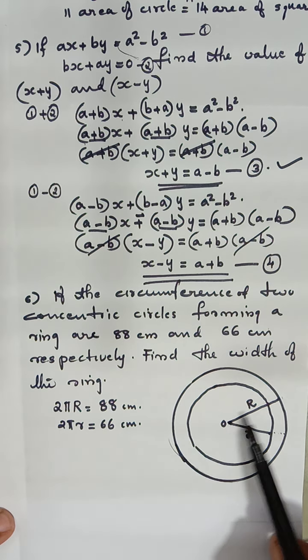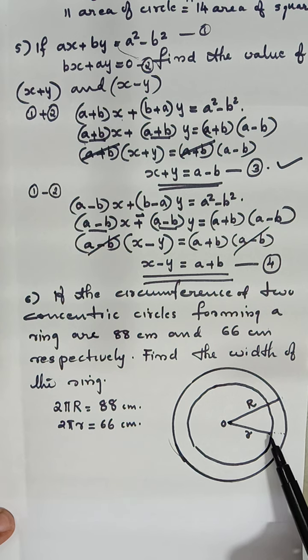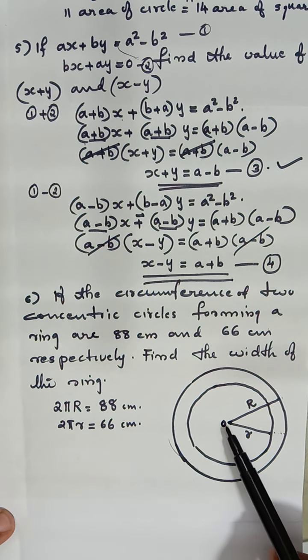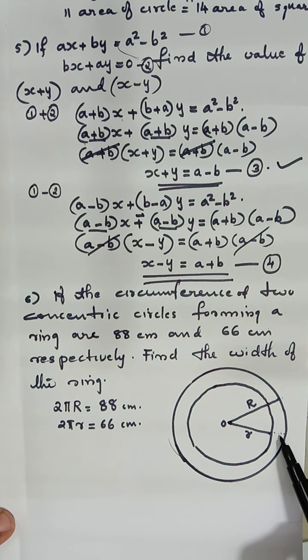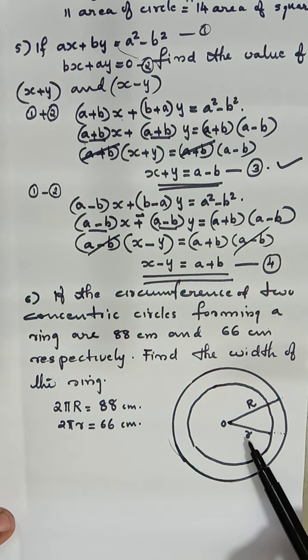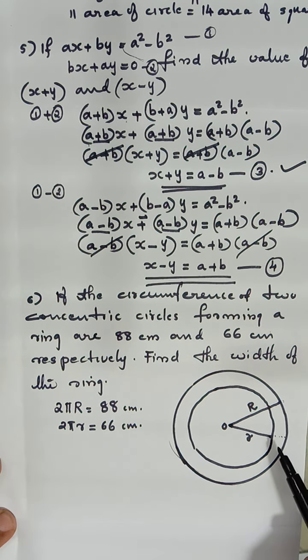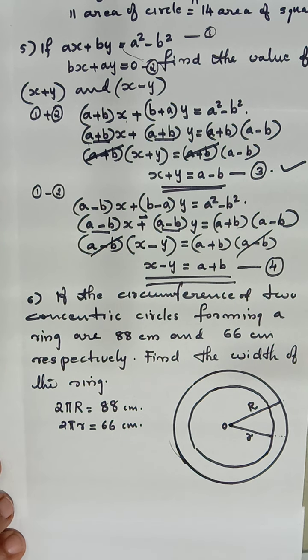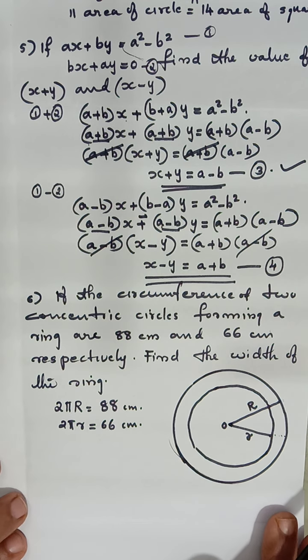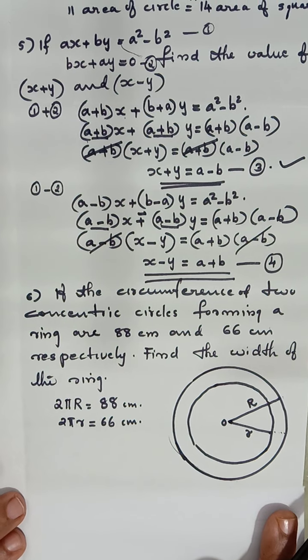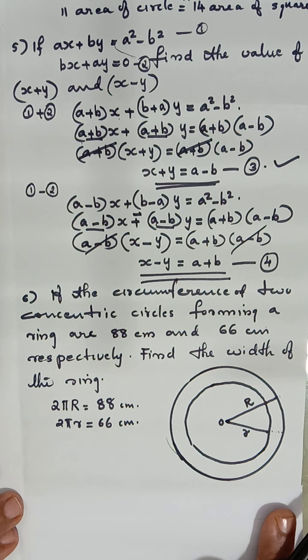If it is 5 and the smaller is 2, the difference will be 3. Or if it is 5 and this is 3, then the difference will be 2. R minus r is called the thickness or width of the ring. So here we have to find out what capital R and small r are, so that it will be easy.